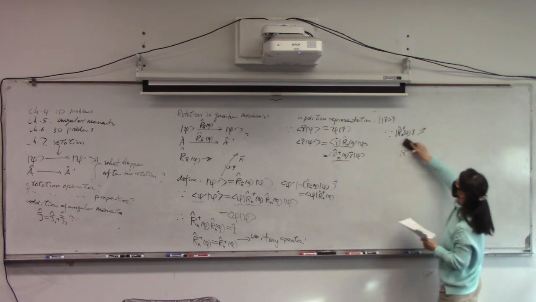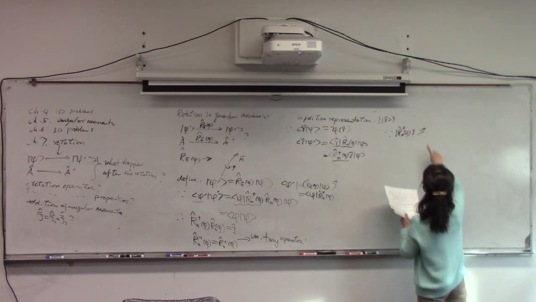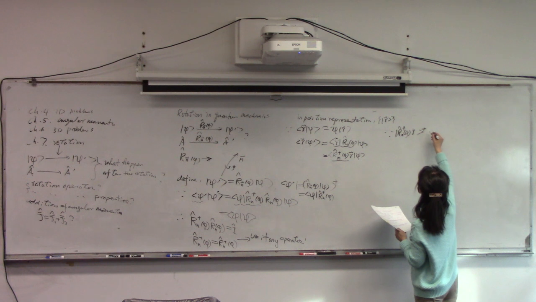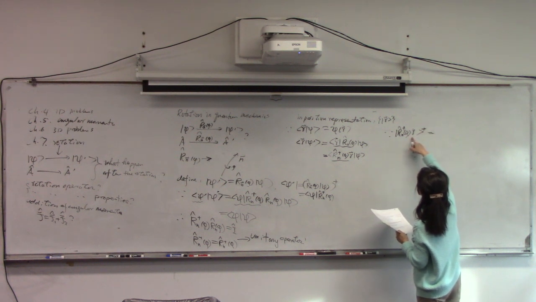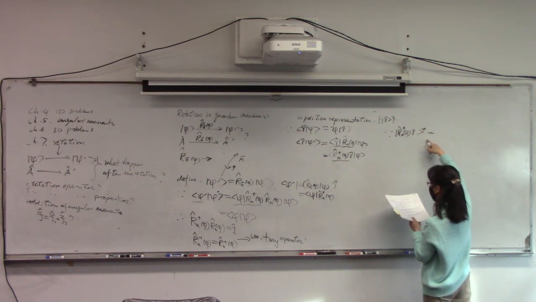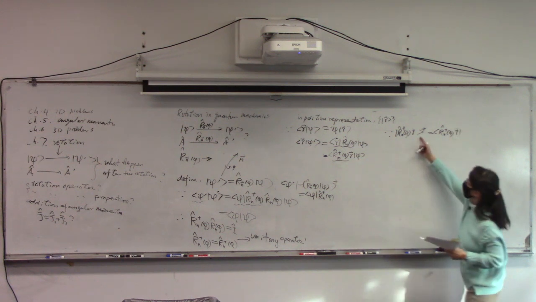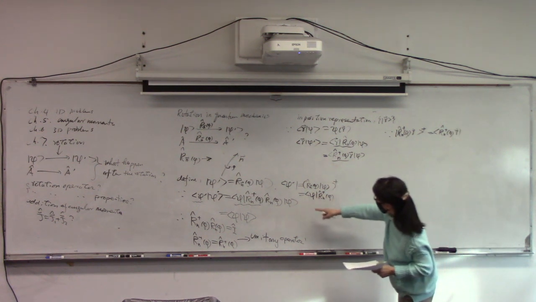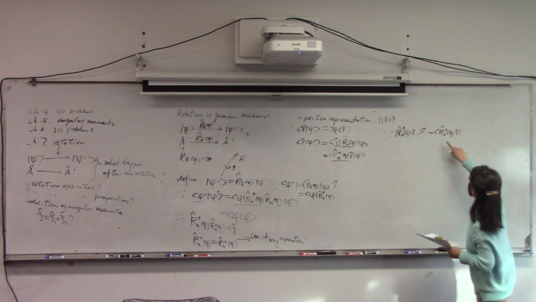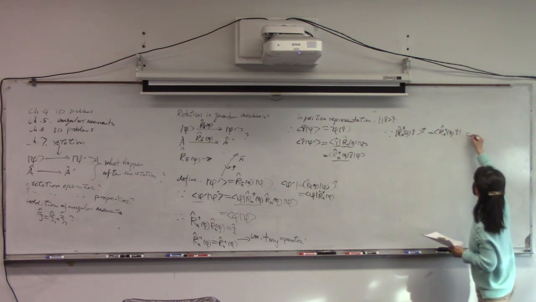Since it's a dagger, it's the conjugate. You agree here, right? That's just like something here, then this is inside, so I take it outside.